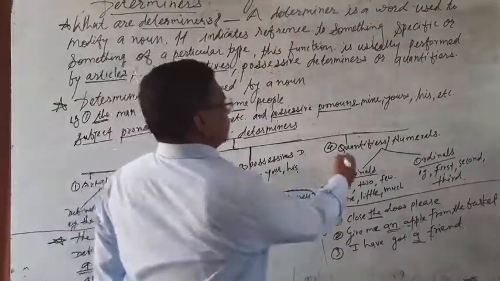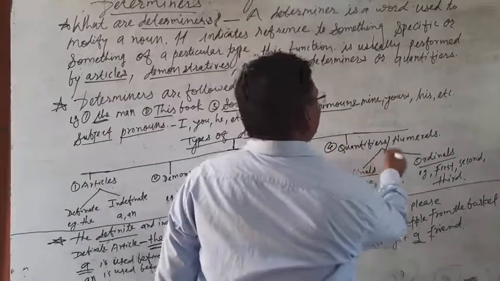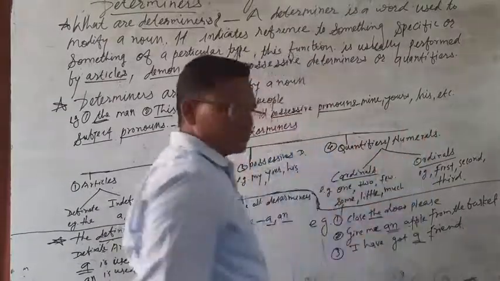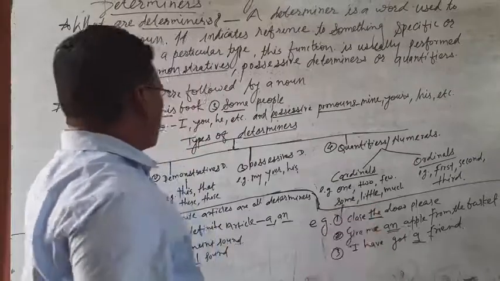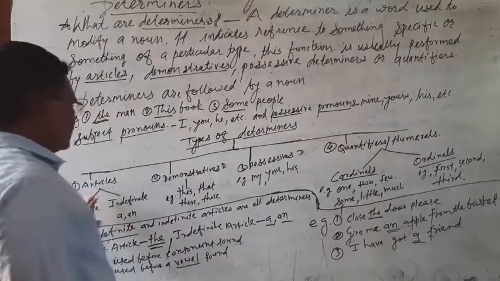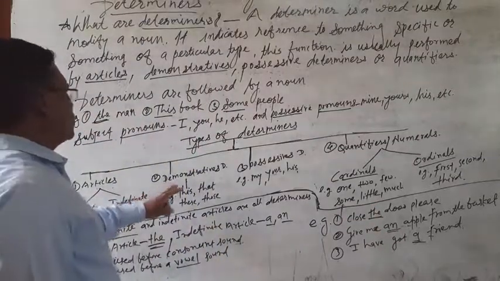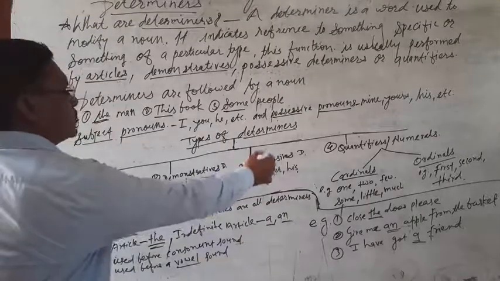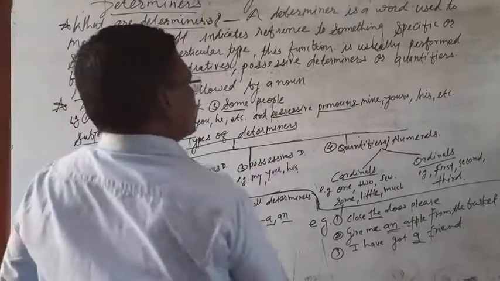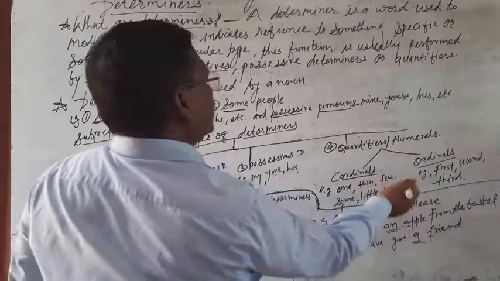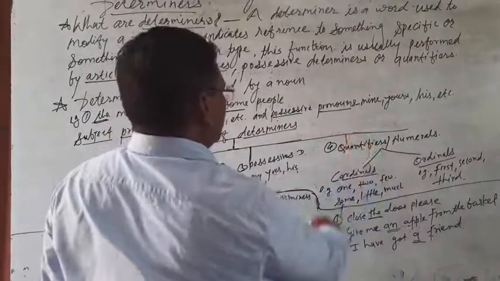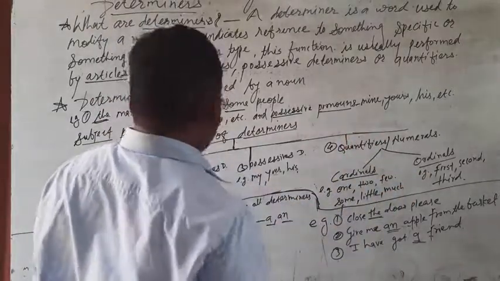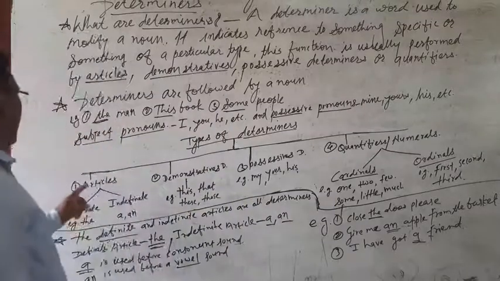Number 4, quantifiers or numerals determiner. There are 4 types of determiner: article determiner, demonstrative determiner, possessive determiner, and quantifiers or numerals determiner.